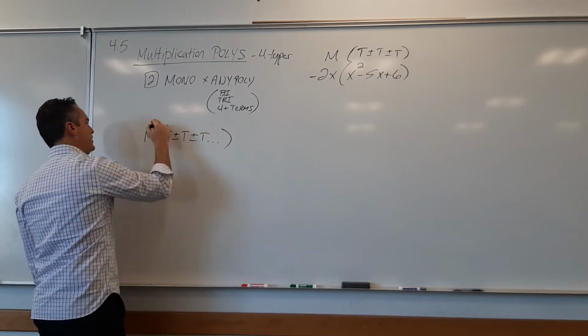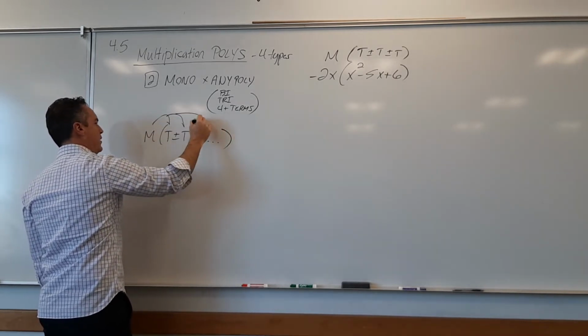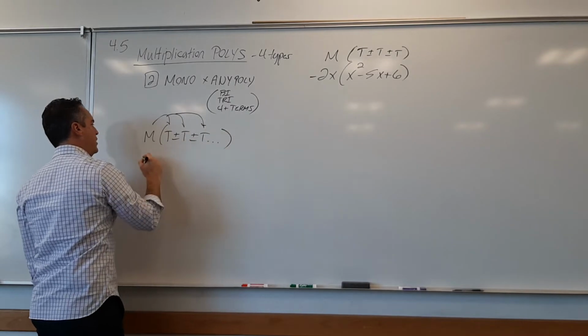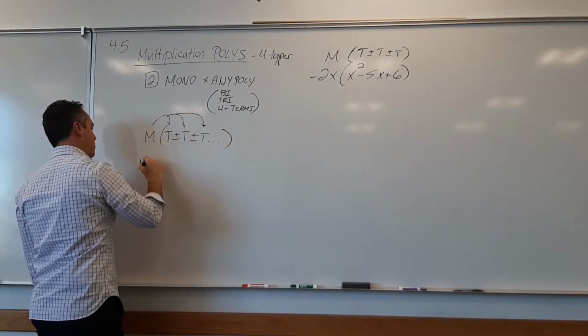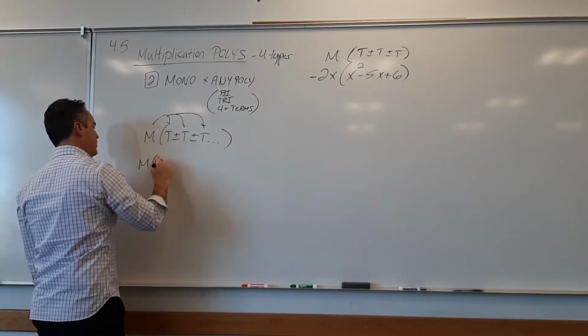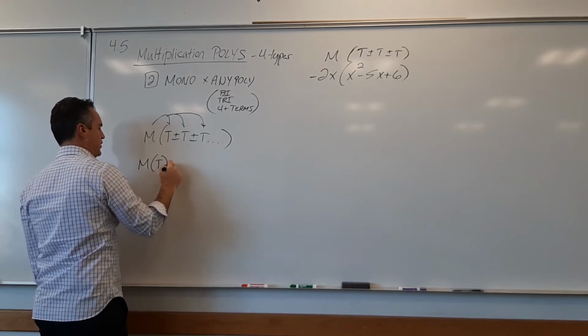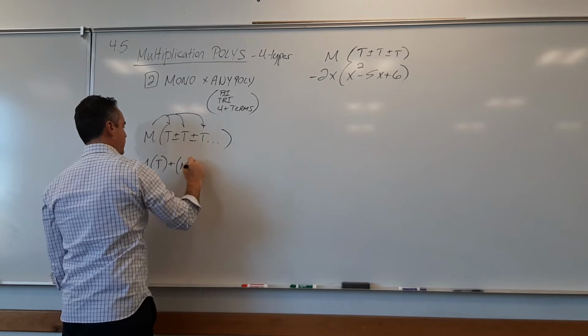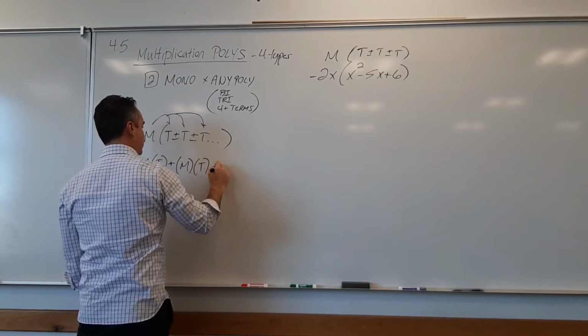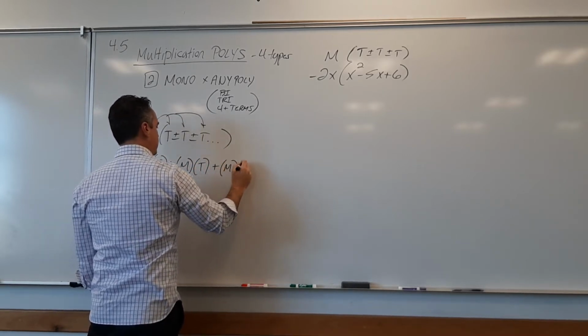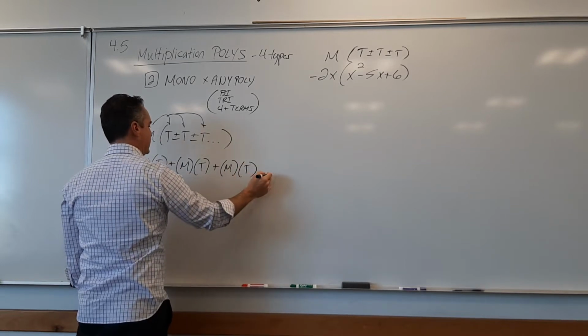And we're saying then is this is going to go to here and here and here, etc., etc. And you're going to end up with this monomial times the term, which is another monomial really, plus a monomial times a term, plus a monomial times a term, dot, dot, dot.